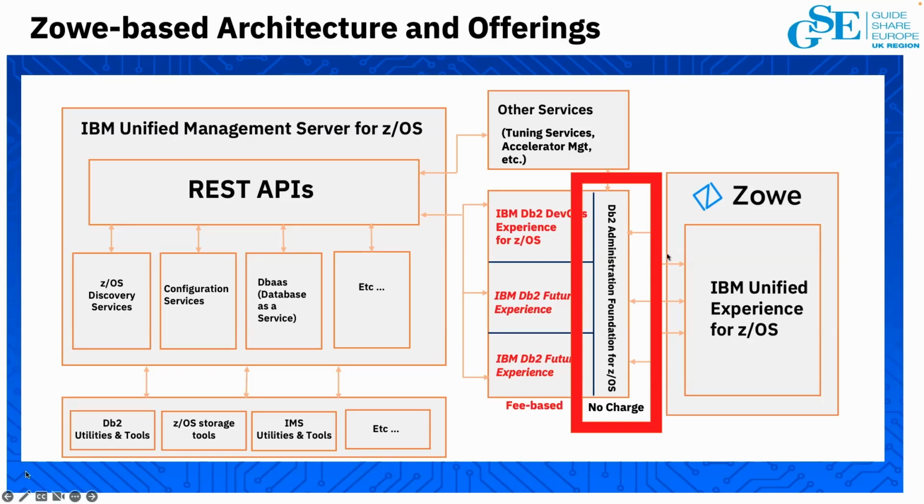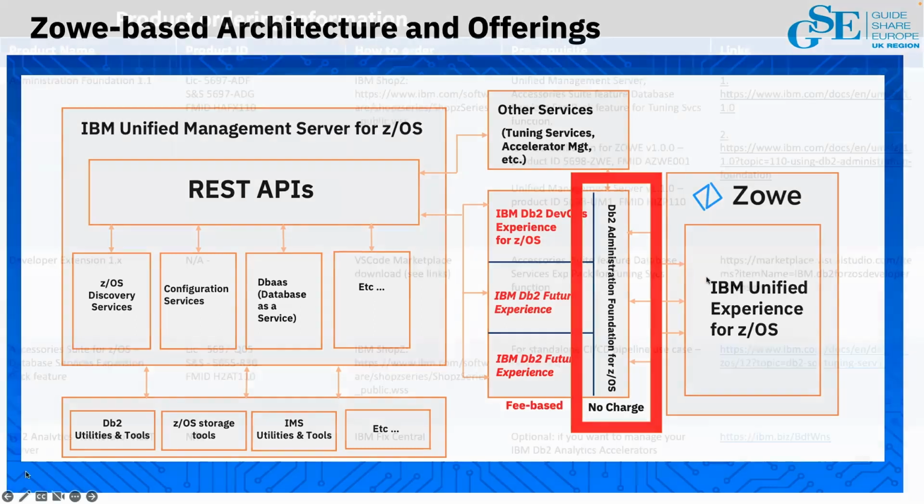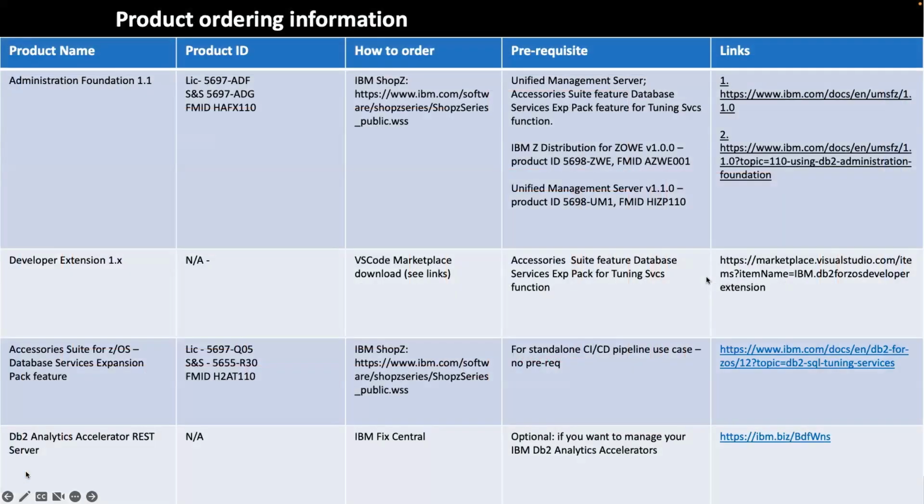So again, very simple. And the other question we get is, if I wanted to order it, what do I need to order? And these are all the stuff that you need to order. The Administration Foundation, which is the no charge product, you will need the management server accessories, distribution of Zowe on a unified management server.